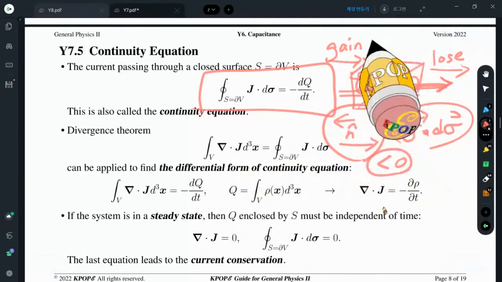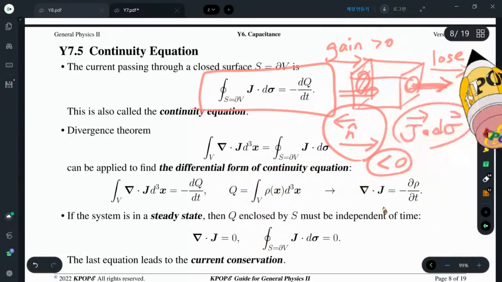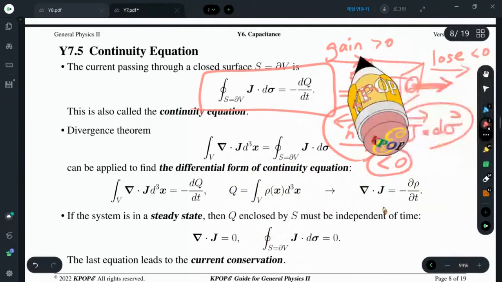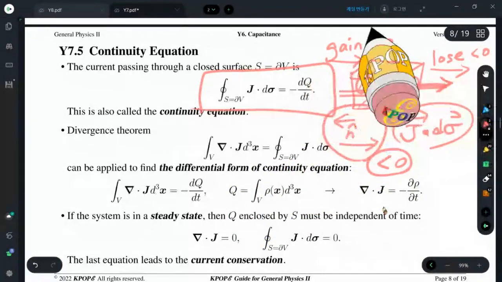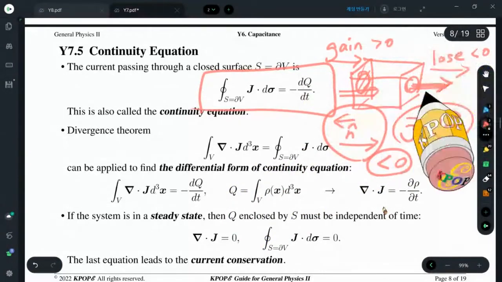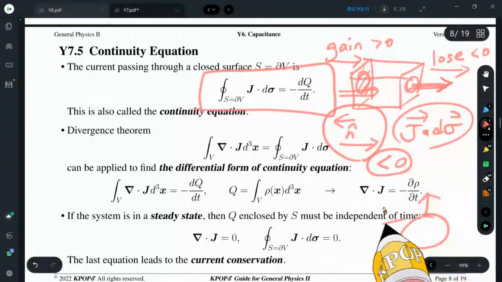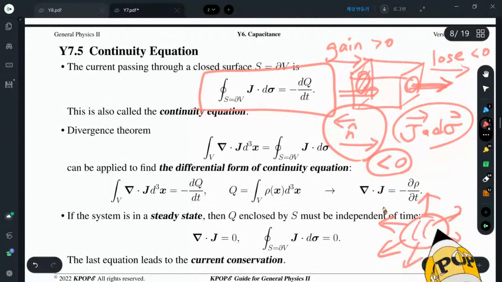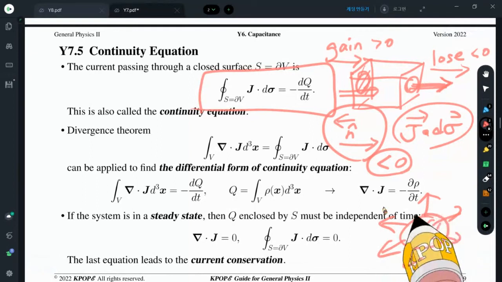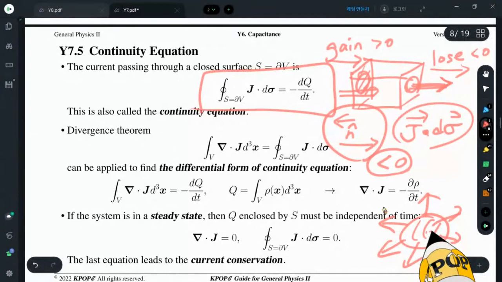So gain is positive, you lose negative sum. If sum is positive, what happens? If charge flow comes out everywhere, then this will result in the loss of electric charge inside the container.